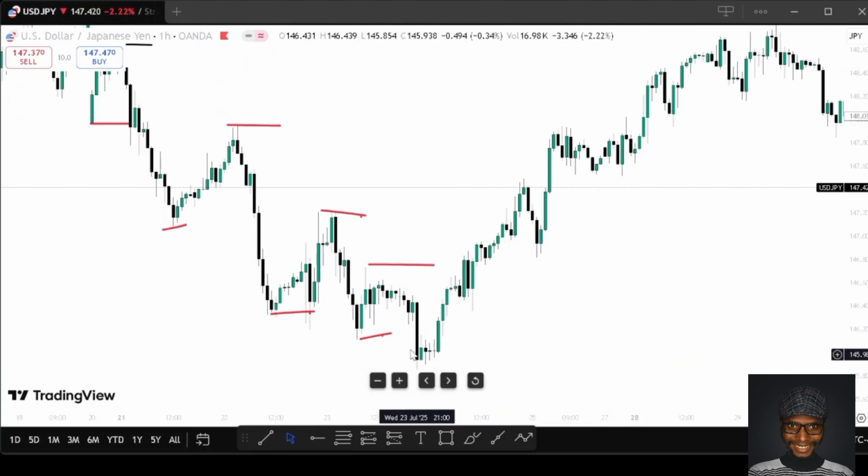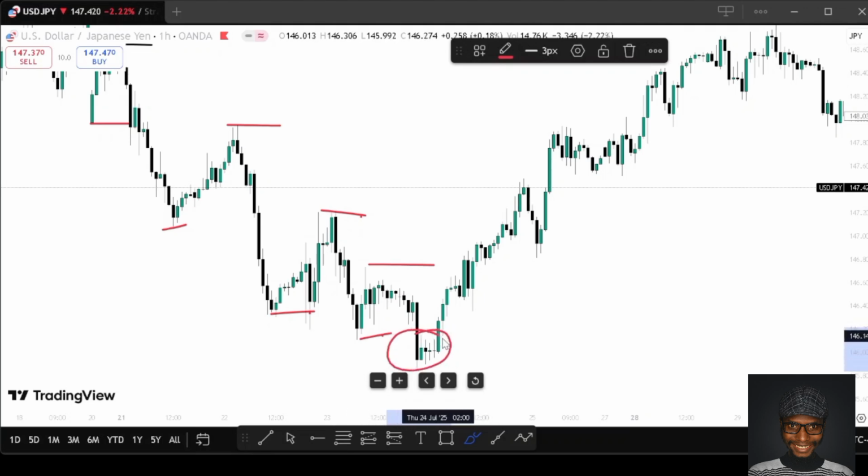Now going to a lower time frame, you see that this right here might be a very good consolidation. Then after that, you see price broke past the consolidation, breaking past this high, giving us what? A change of character or market structure shift. Now it started again.